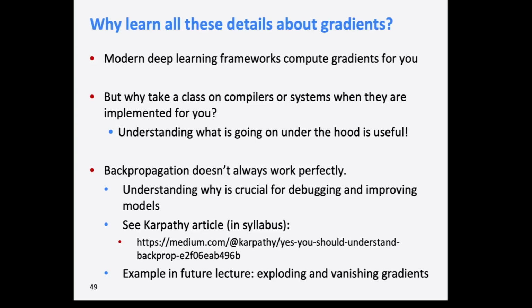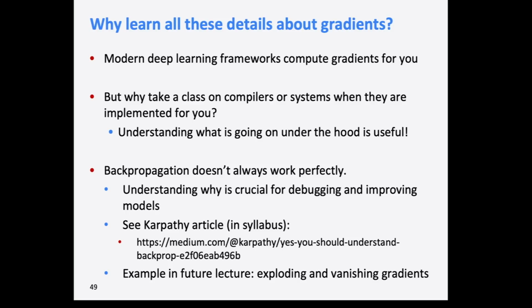We make you suffer in homework 2, but in homework 3, you can have your gradients computed for you. But it's like asking why you should take a class on compilers: there's something useful in understanding what goes on under the hood, even though most of the time we're perfectly happy to let the C compiler do its thing without being experts on x86 assembler every day of the week.